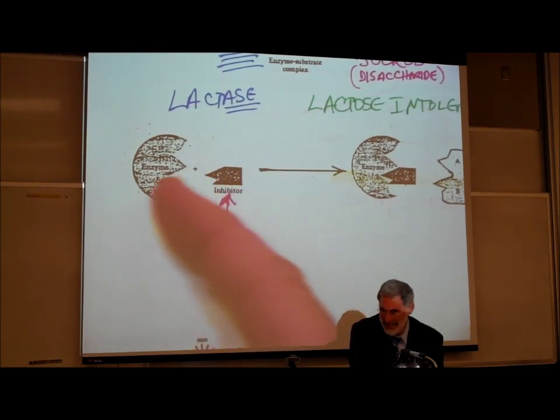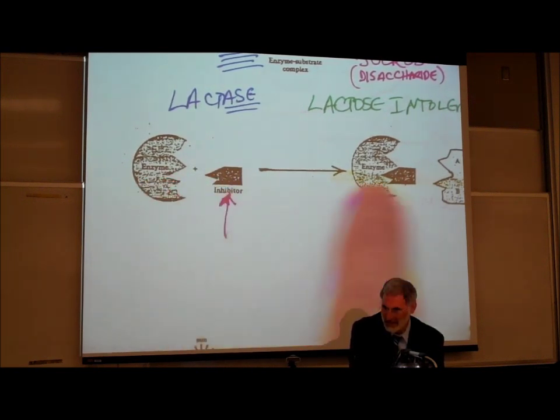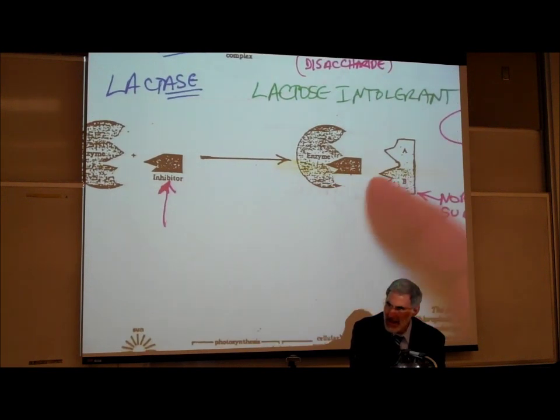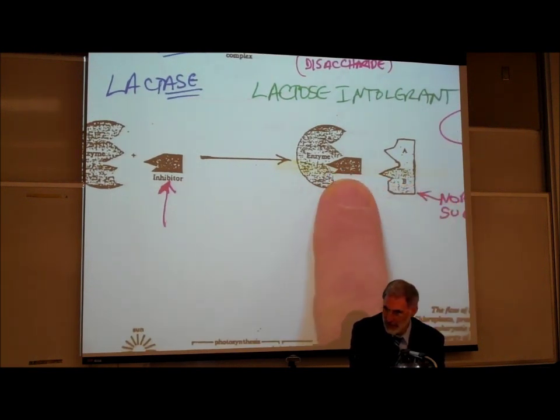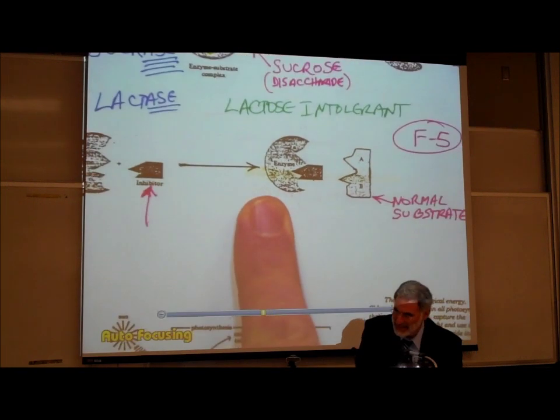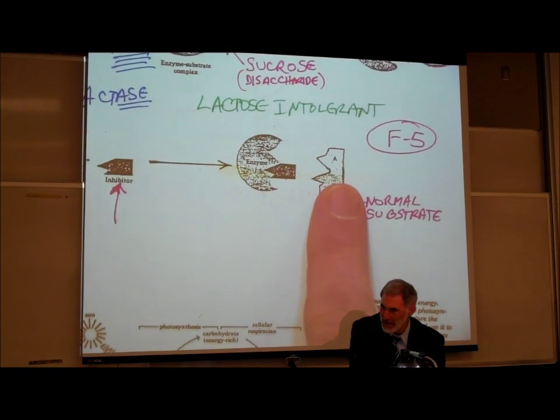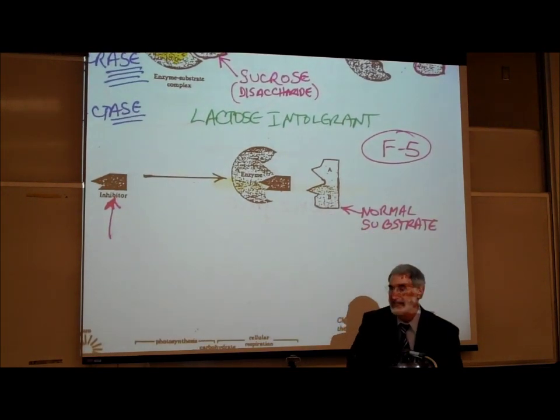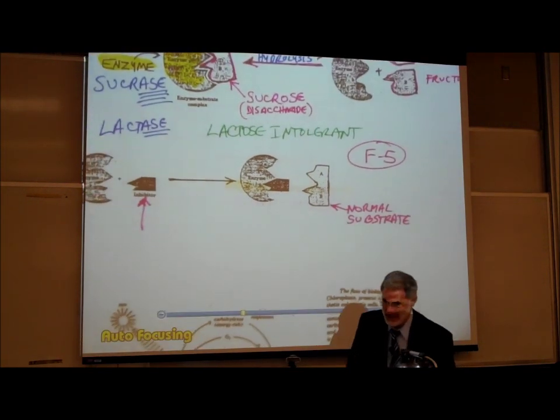This inhibitor can attach to the enzyme, as it shows right here. And as long as this inhibitor is attached to the enzyme, it is prevented from attaching to the normal substrate and converting it to a product.